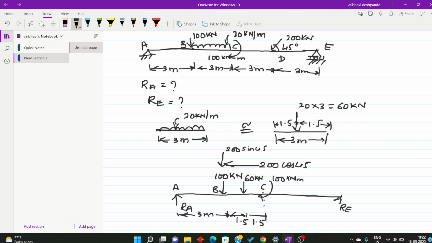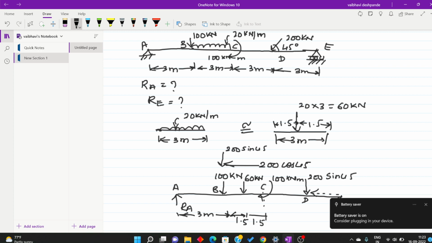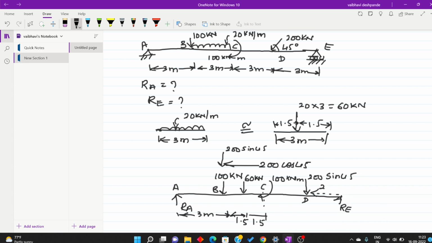Then at point D, the vertical component will be 200 sine 45, and the horizontal acts along the beam only. By dotted line I will write here 200 cos 45.